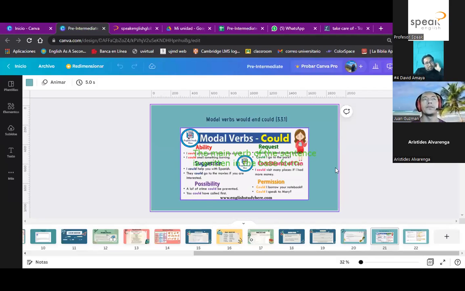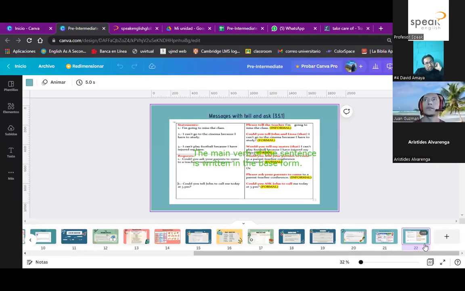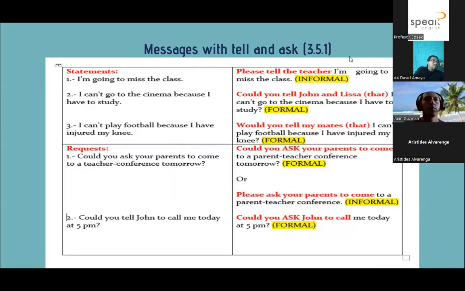We have another topic that we need to see. Oh wait, let me erase what's on screen. The next topic of Unit 3, to finish Unit 3, is messages with tell and ask. Messages with tell and ask.